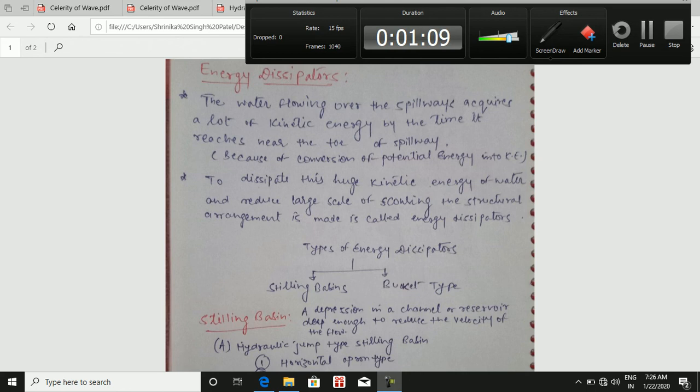Why does it achieve so much kinetic energy? By the conversion of potential energy into kinetic energy.